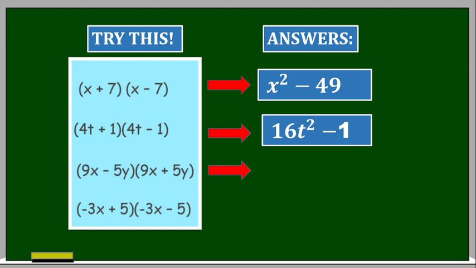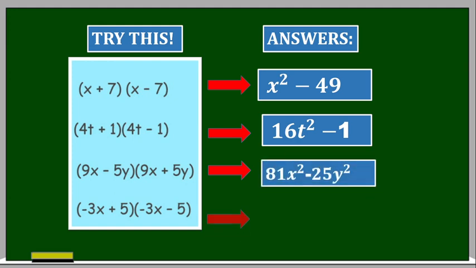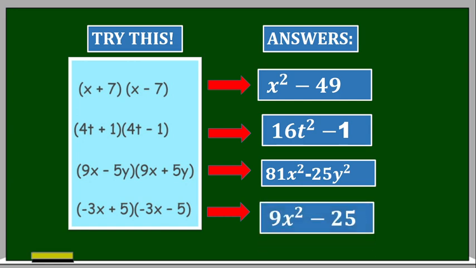And y is also raised to the second power, so we have y squared. The same goes for the fourth example. You square the first minus the square of the second. That's the shortcut way in the second special product.